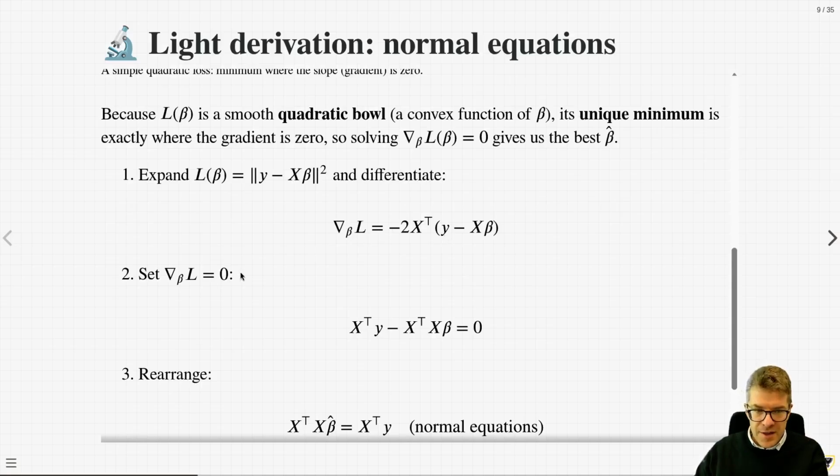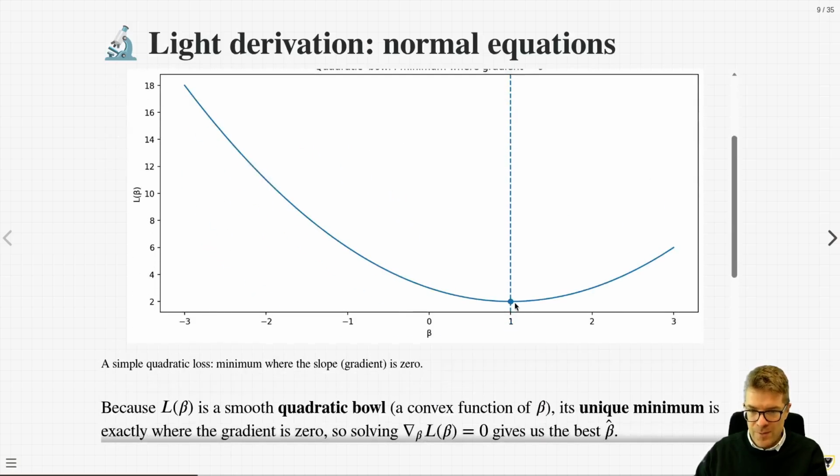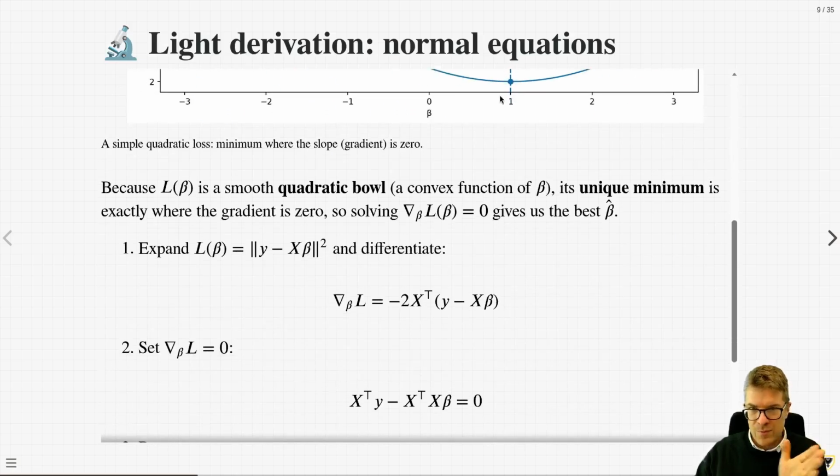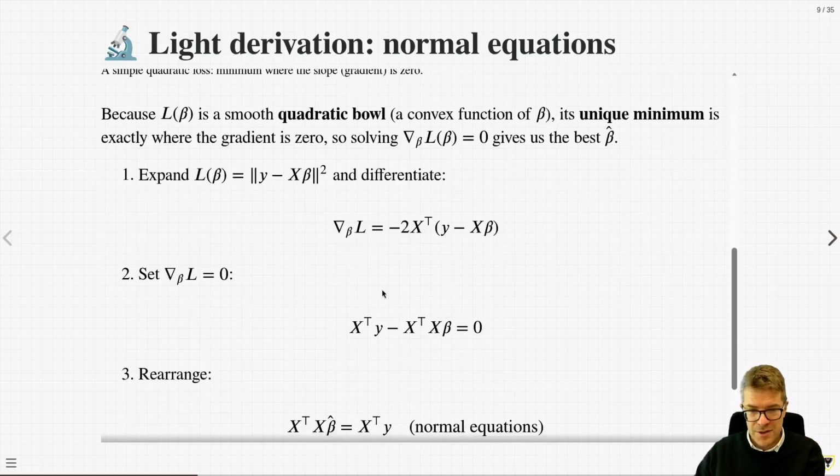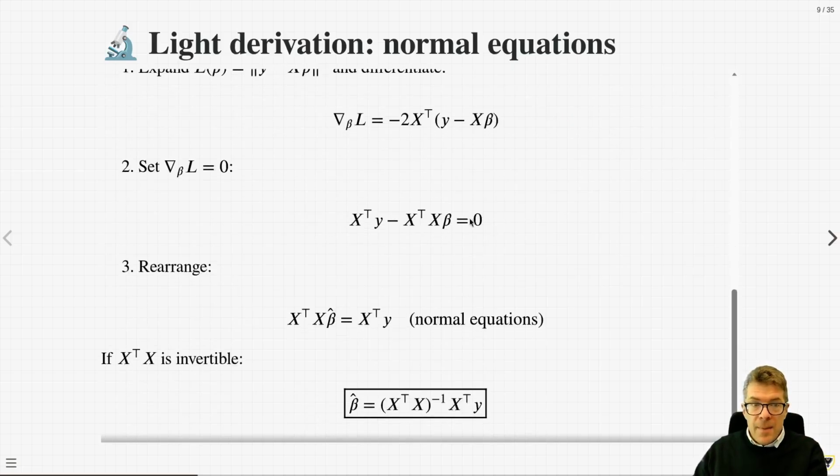I want to set it to 0 because that's the point where beta will minimize this function, and also expand things. So setting this equal to 0, I can divide both sides by minus 2. That'll basically get rid of this minus 2, and I'm left with x transpose times y minus x transpose times x times beta equals 0.